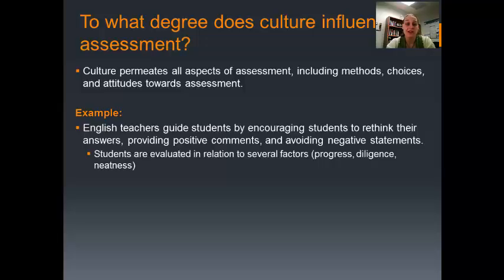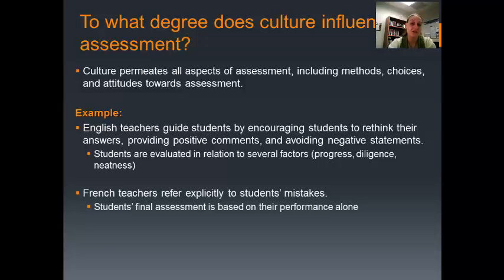We also, in the American culture, try and evaluate students in relation to several factors. So it's not only how many items they get correct on a test, but we also think about their progress in general, how diligent they were, sort of how conscientious they were in trying to get to that place where they get all the answers correct, and also neatness. Neatness counts for something as well. Okay, so those are aspects of assessment that are culture-driven, the fact that we value diligence and neatness along with progress.